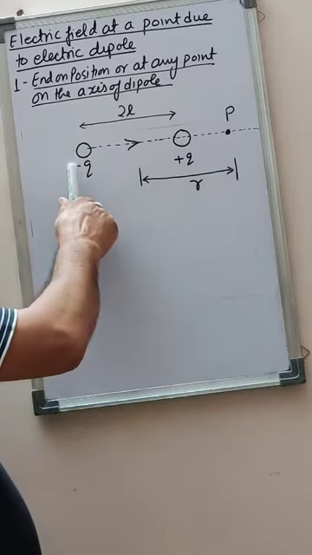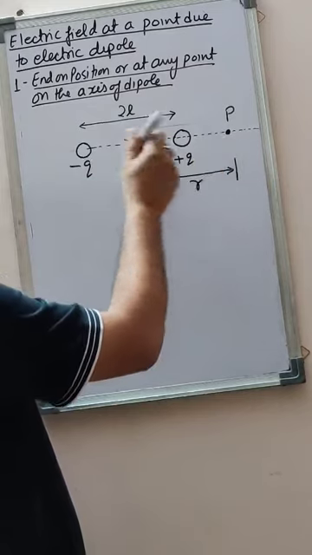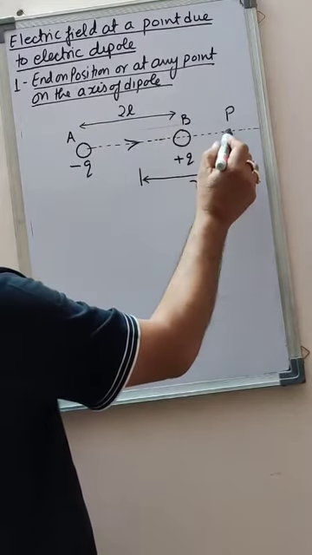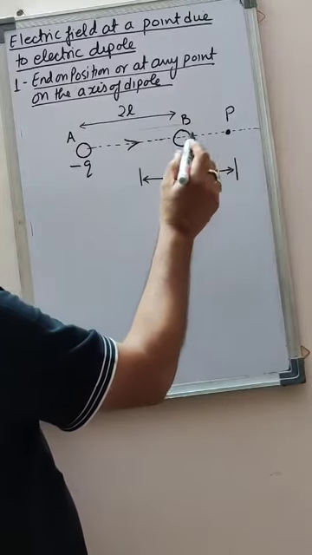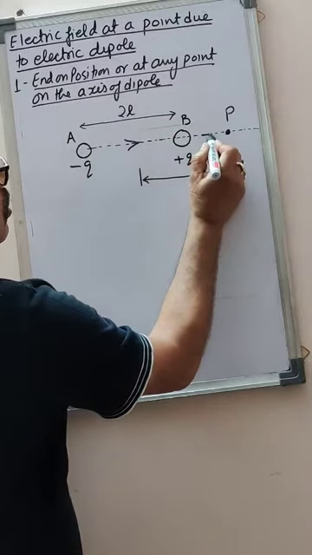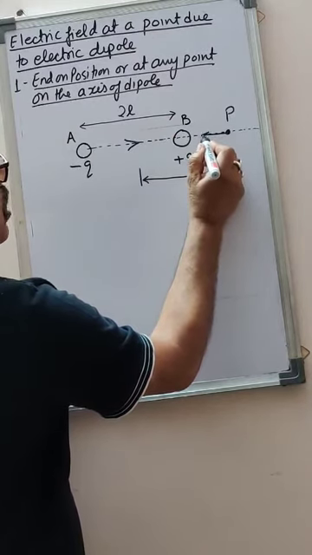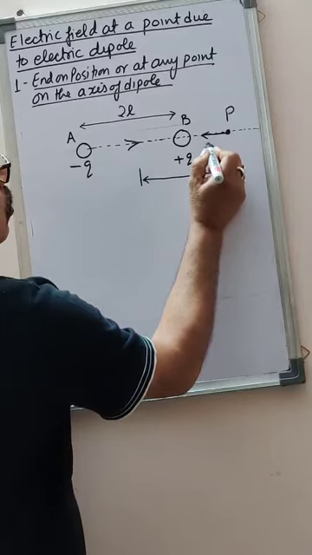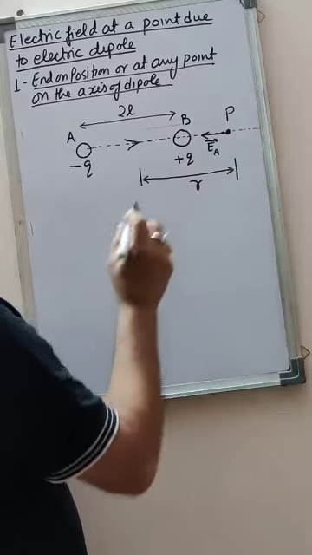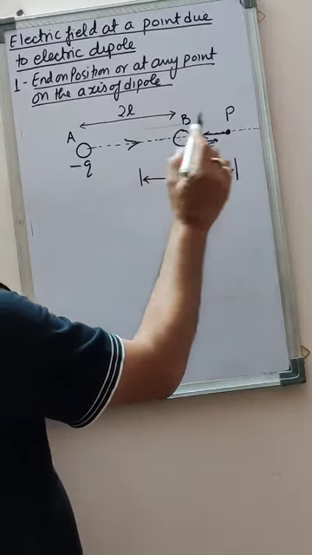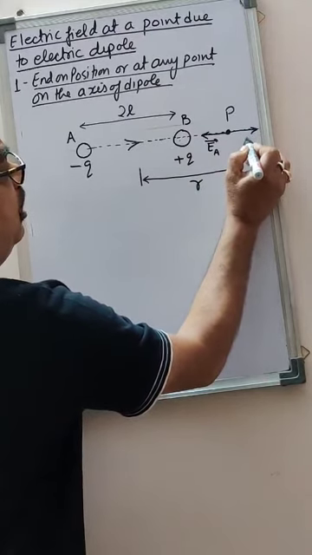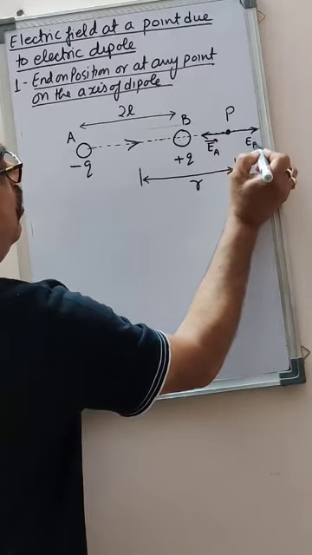Now minus Q will produce an electric field over here, and the direction of the electric field due to a negative charge is towards the charge. So minus Q will produce electric field towards the charge, let us suppose EA, and the positive charge will produce electric field away from the charge.